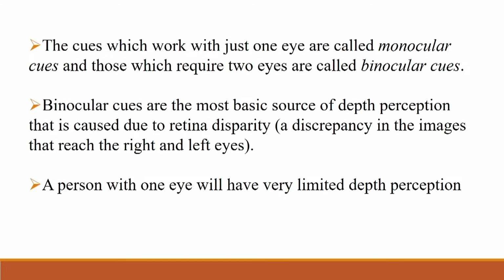So when you see an object, the right eye forms an image, whereas the left eye forms another image. Depending on the gap between these two images, which is called the retinal disparity, two images will be formed, and what is the difference in these two images?